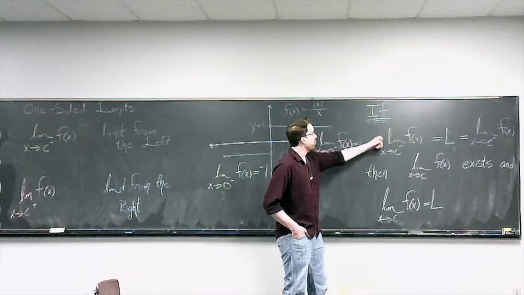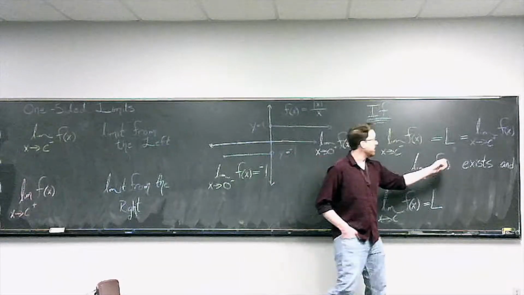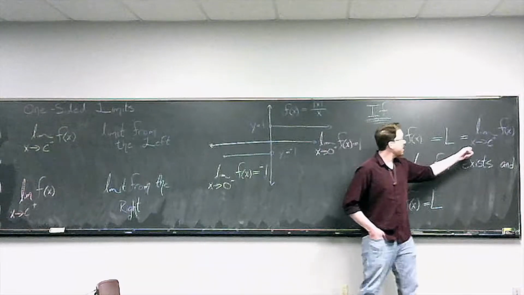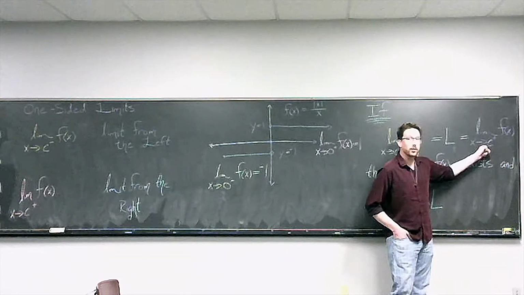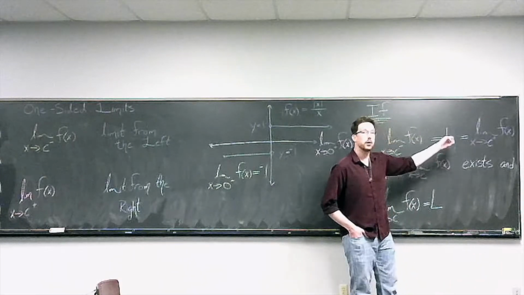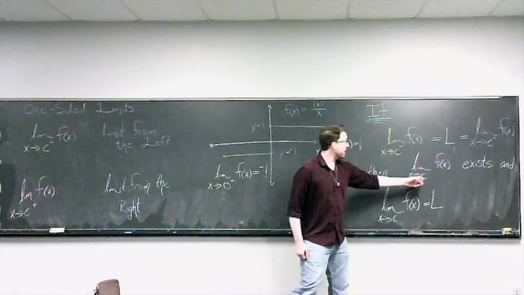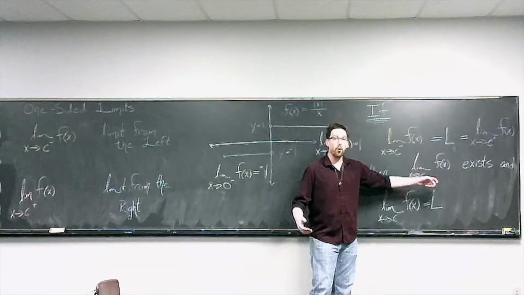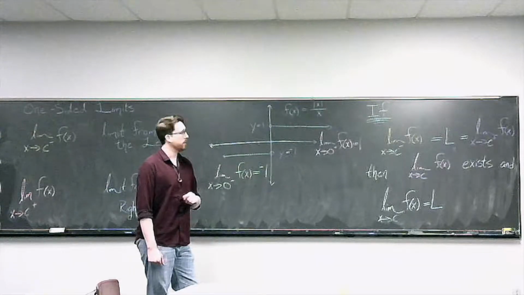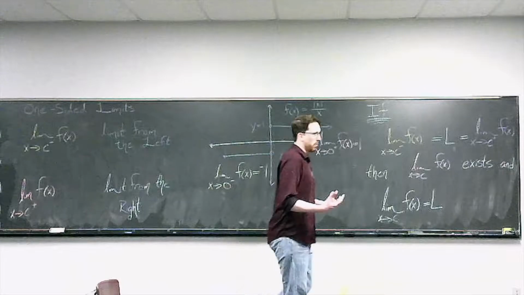That if the limit of a function from the left is equal to L, and that is the same value that the limit of your function is from the right, well, if this is the case, so if your one-sided limits agree, then the limit exists, and moreover, the limit is going to be L. So the limit has a little bit of nuance to it, right?